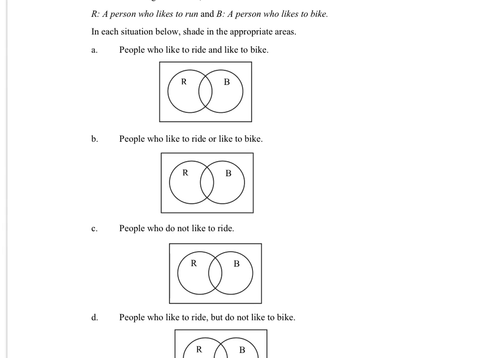All right, R is a person who likes to run, and B is a person who likes to bike. Who likes to ride and bike? It's going to be this intersection. Ride or bike is going to be everything in ride and everything in bike, including the intersection.